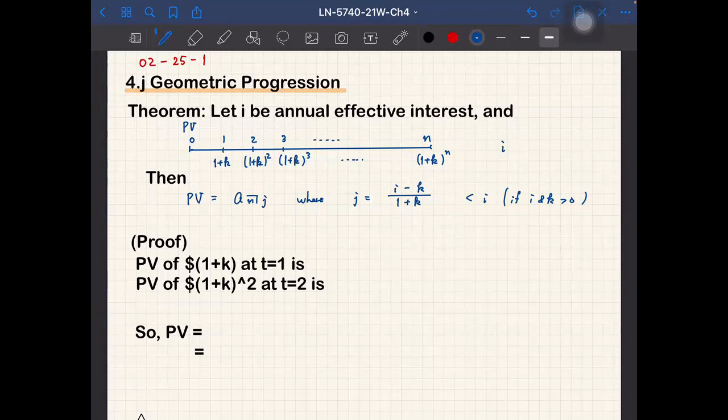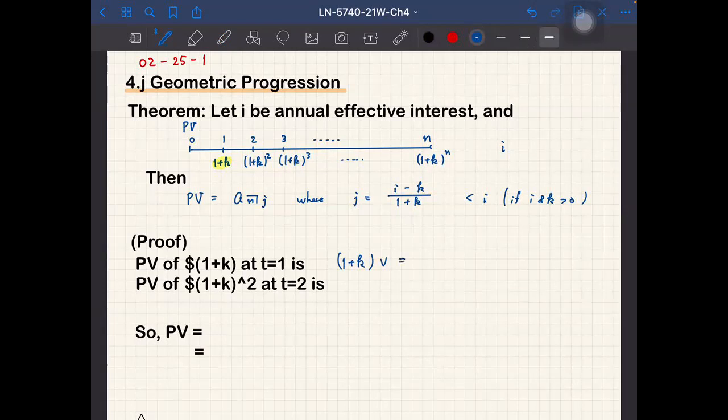And the proof is not super complicated, but we need just one idea. So think about the present value of the first payment, 1 plus k. It goes back 1 year to evaluate at present, so this is equal to 1 plus k times v, where v is 1 over 1 plus i.